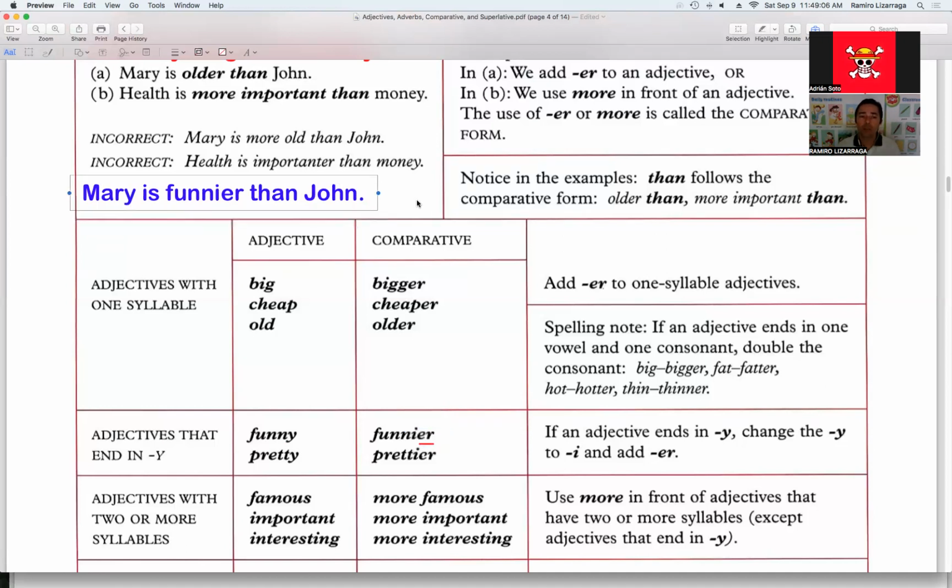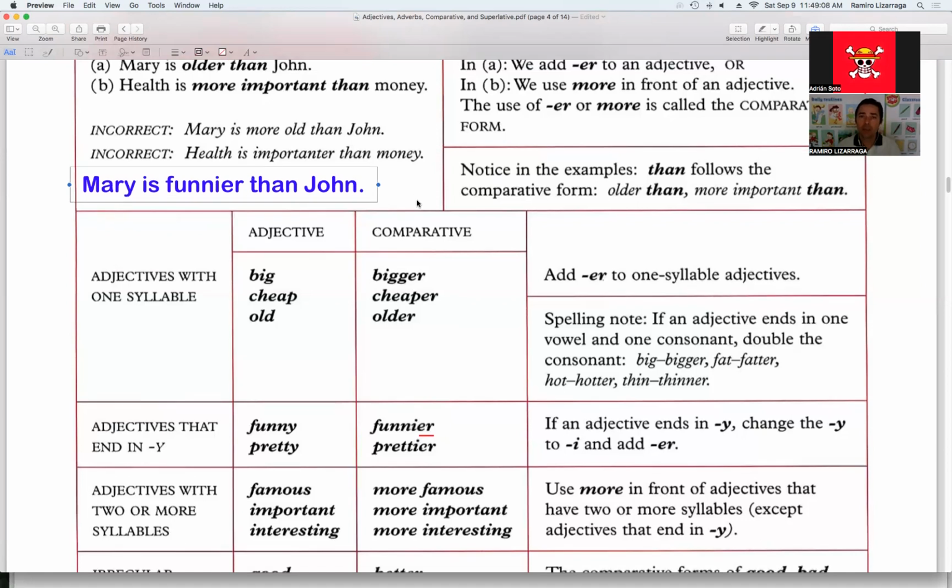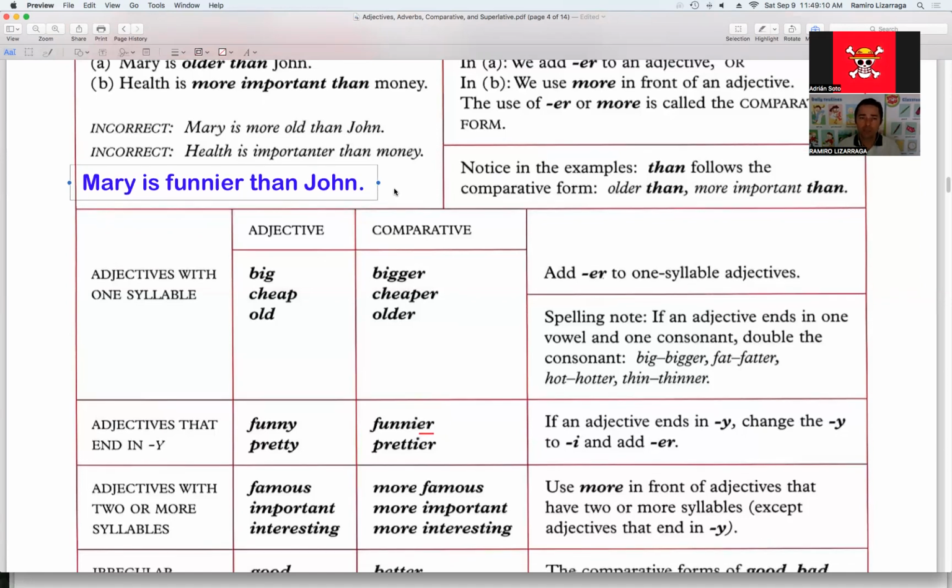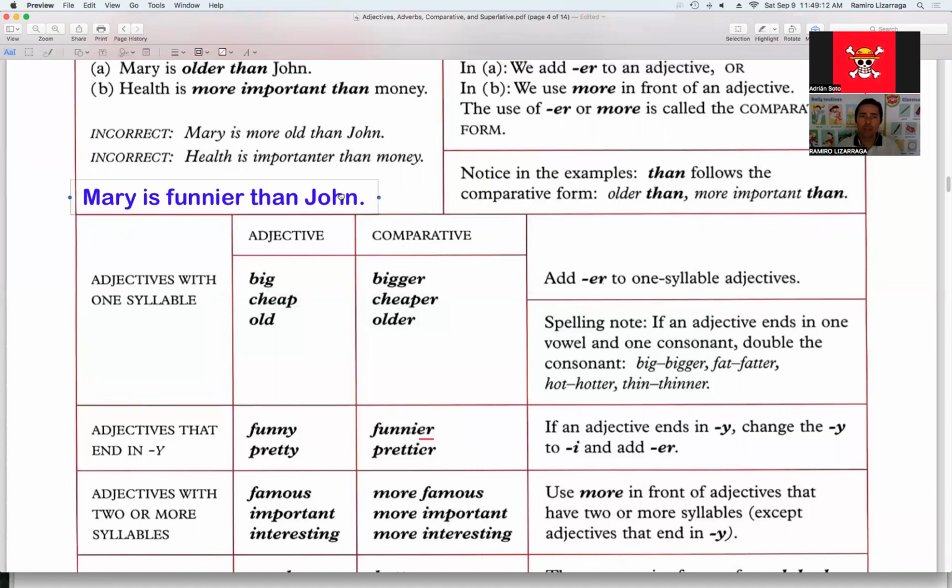Look at this. ¿Ok? ¿Hasta aquí vamos bien? ¿Sí se va entendiendo? O sea, vean, ¿cómo simplemente podemos de aquí hacer dos oraciones, no? Vean aquí. Mary is funny. Ahí está. Punto. Ahí está la oración. Pero ahora quiero usar funnier.